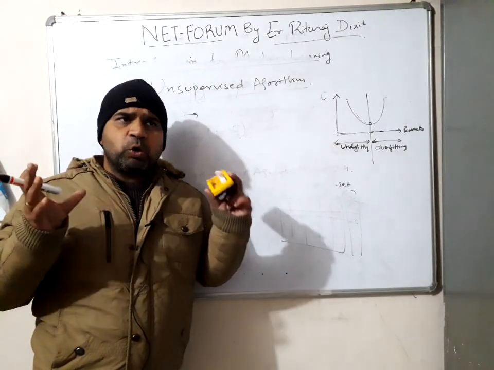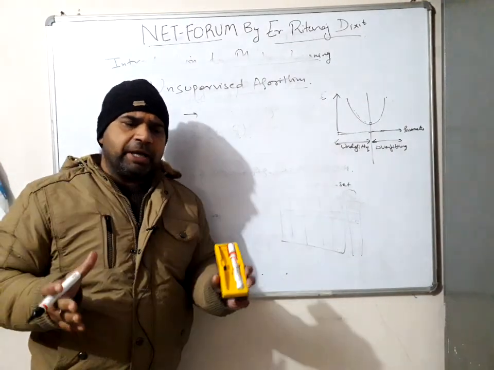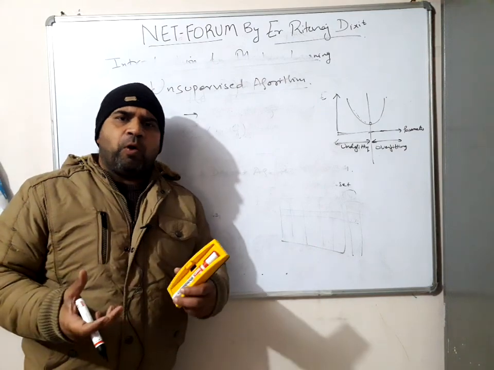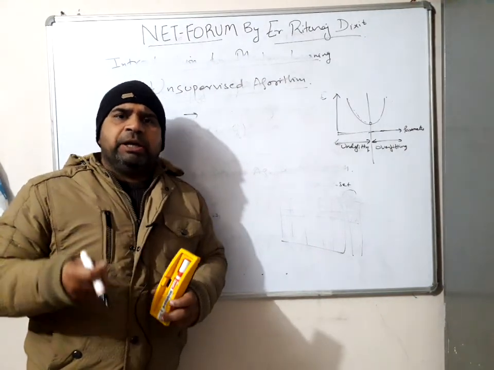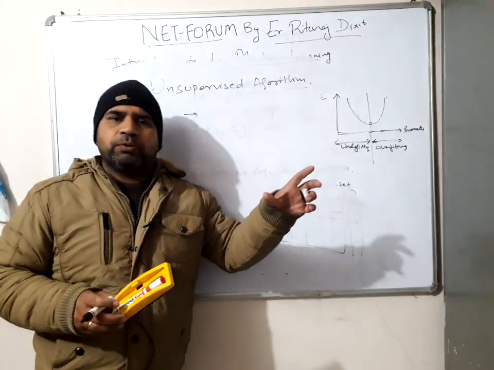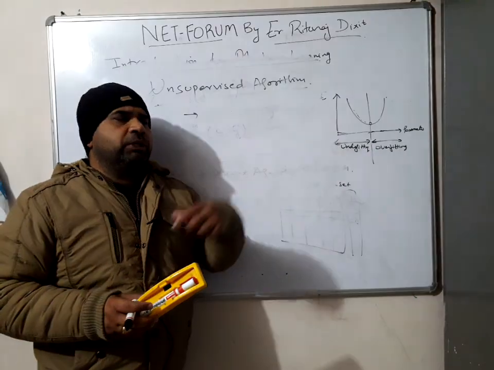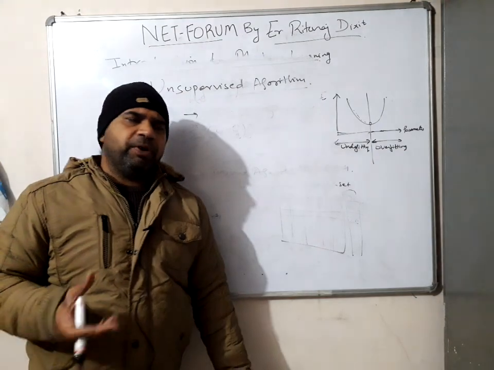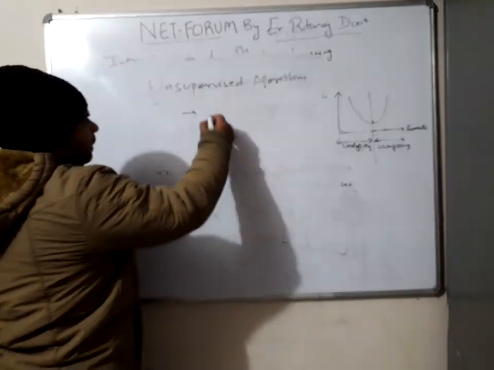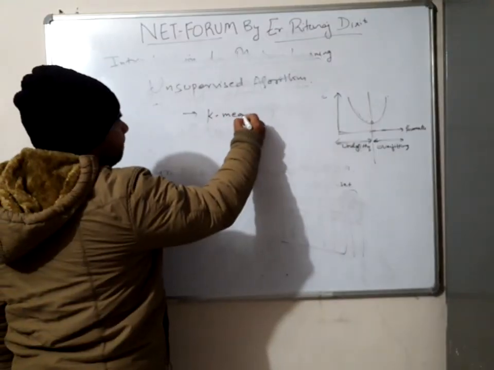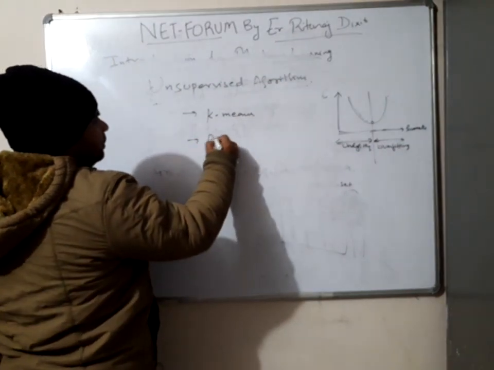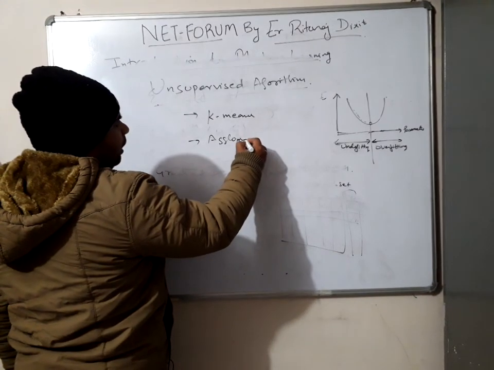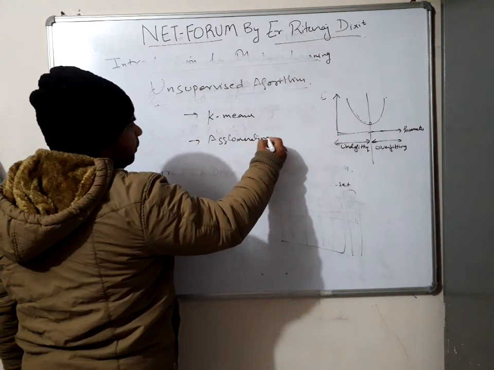Where the data set itself, by its own intuitive training, determines to which cluster it belongs, whether this particular cluster or that particular cluster. For that we use two very famous algorithms. The first one is known as the k-means algorithm, and the second one is known as agglomerative clustering.